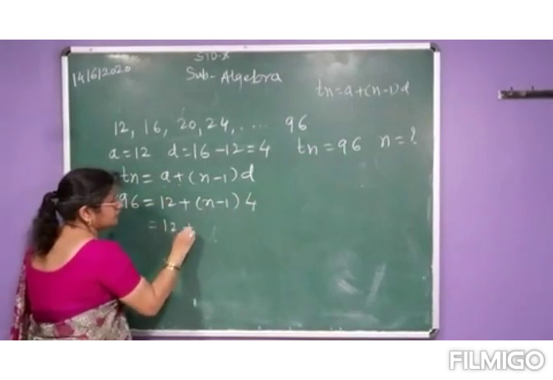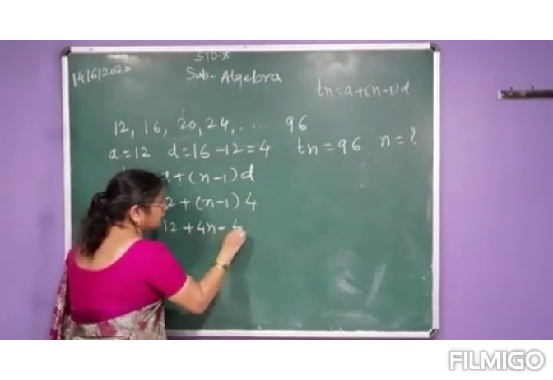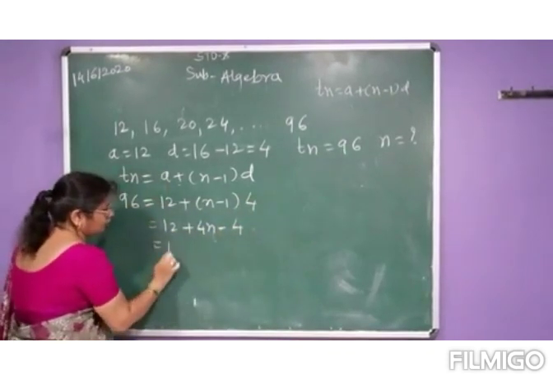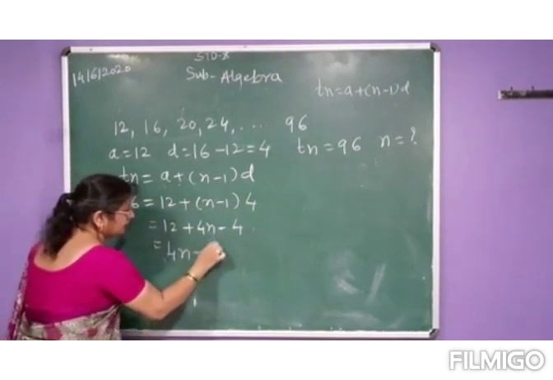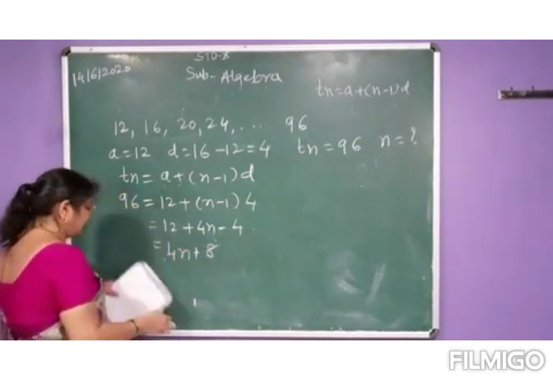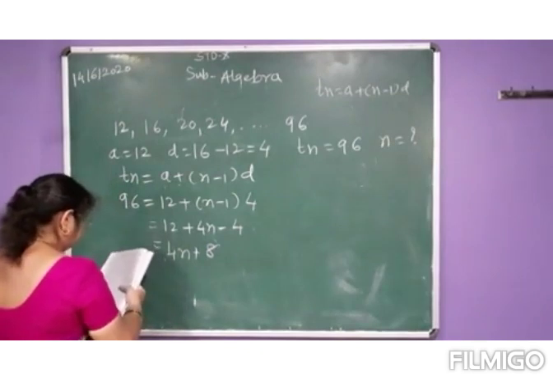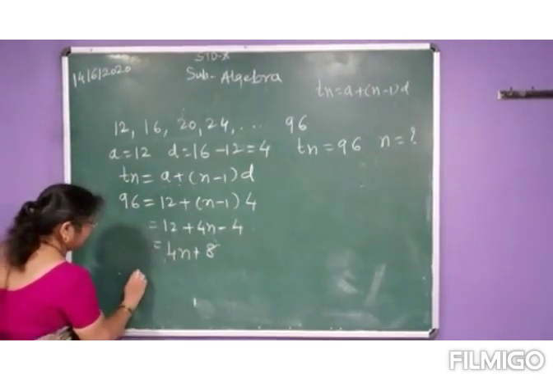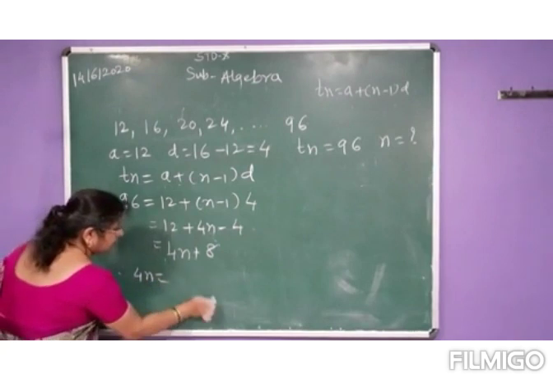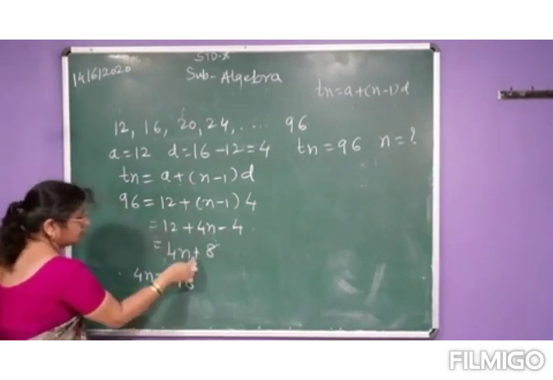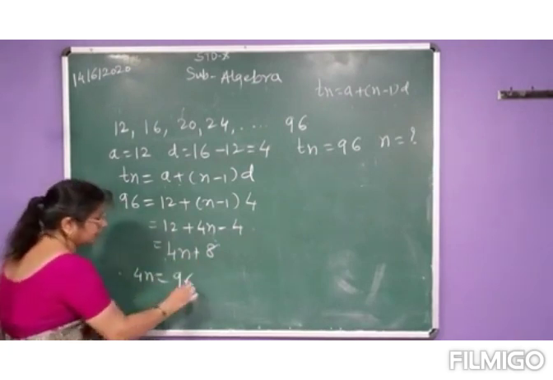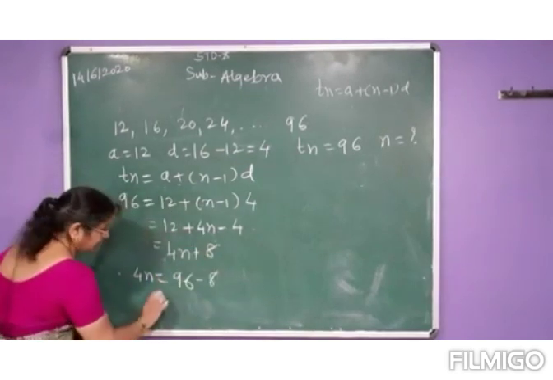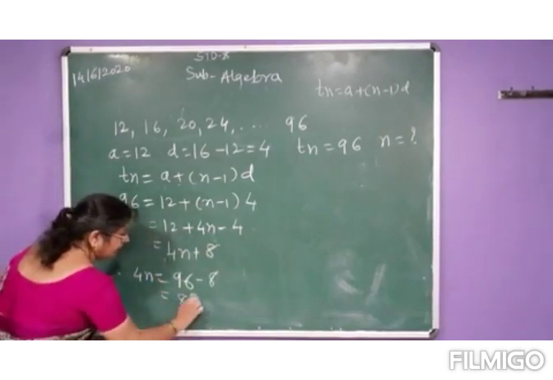So 12 plus 4n minus 4, that is 4n plus 8. Therefore 4n is equal to 96, and this plus 8 going to the other side becomes minus 8. So you get 88.